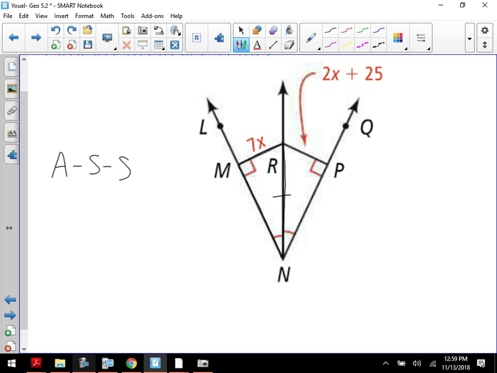Thank you. Anyway, that has to work. Those two segments have to be congruent because of the corresponding parts. Okay.